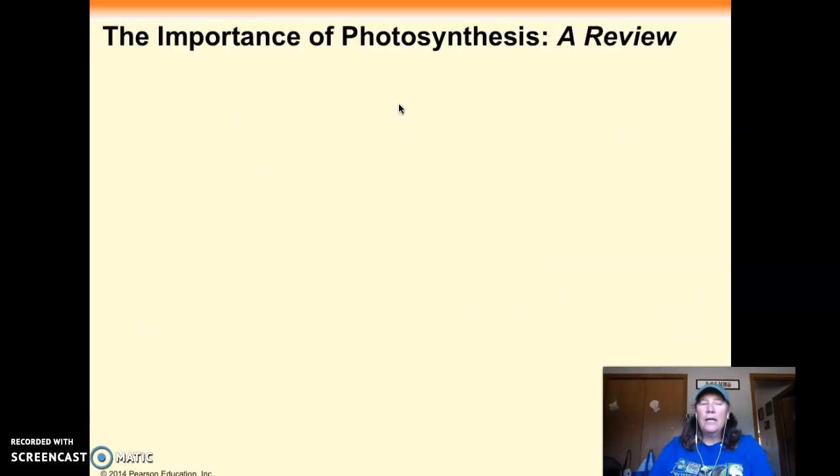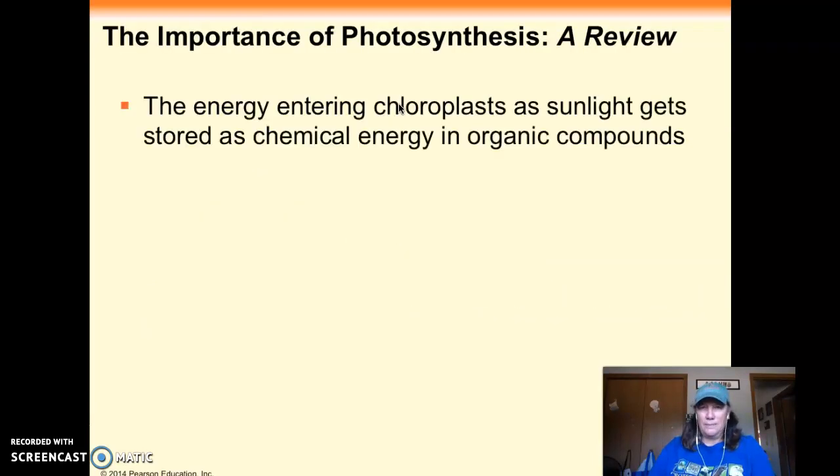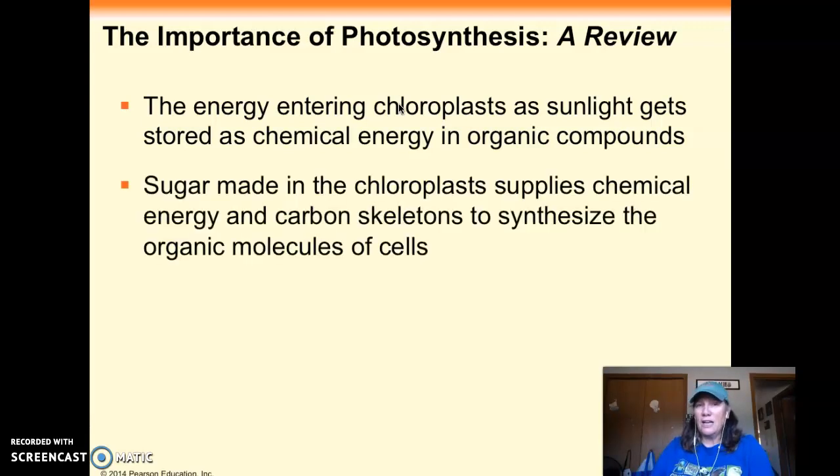To review photosynthesis, it's where energy enters the chloroplasts. The chloroplasts are the little green organelles inside plant cells. Their job is to absorb sunlight and change it into chemical energy, NADPH and ATP. We take sunlight and eventually convert it into organic compounds.